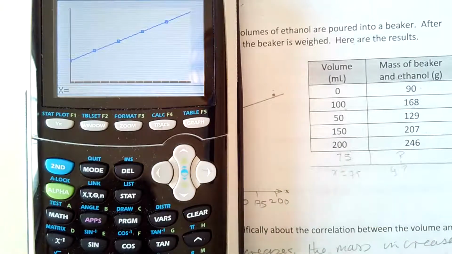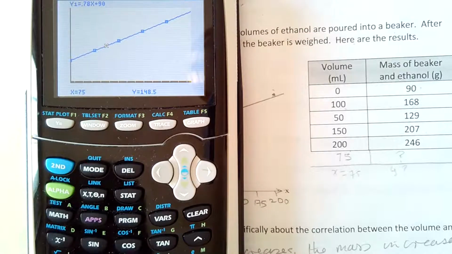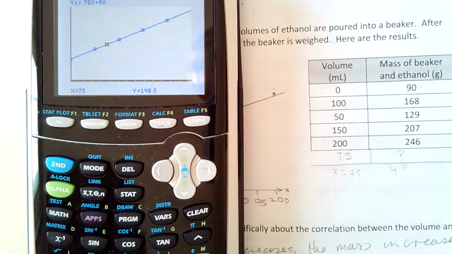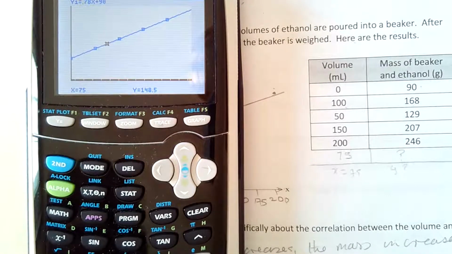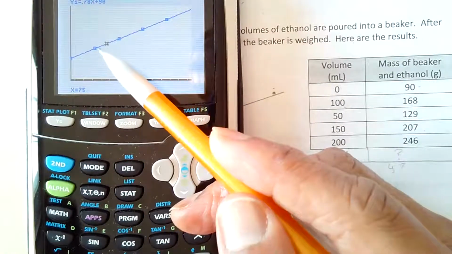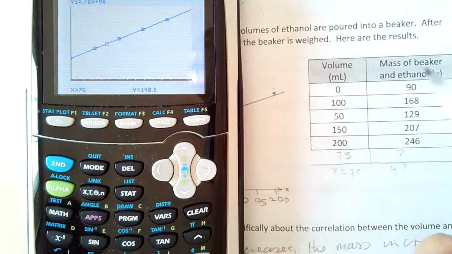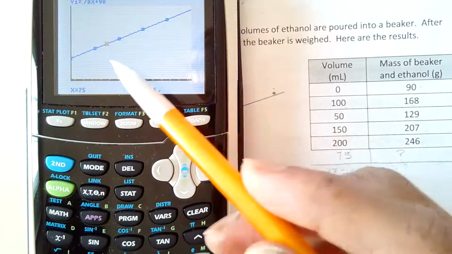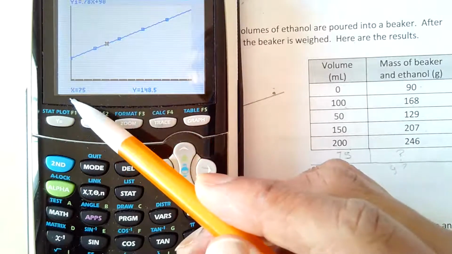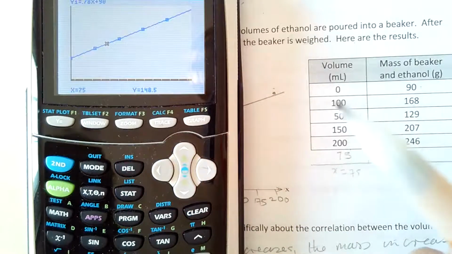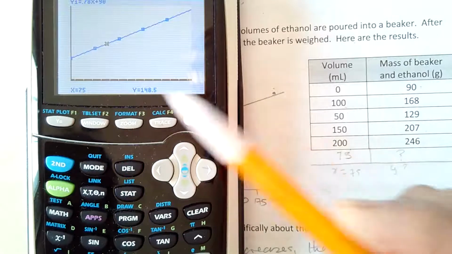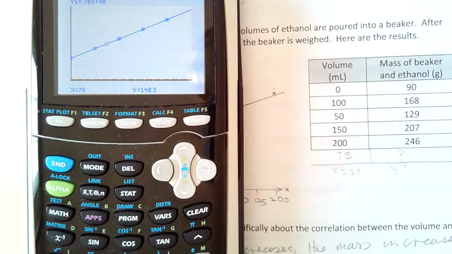We press now 75. And that will give you a mass of 148.5 grams. And notice there's a cursor flashing there. That tells you the point of intersection between X equals 75 and Y equals 148.50. That's how you find your Y.